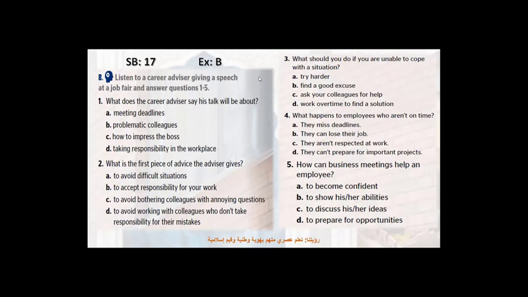After we have listened to the text, we will answer the questions. The first question says, what does the career advisor say his talk will be about?